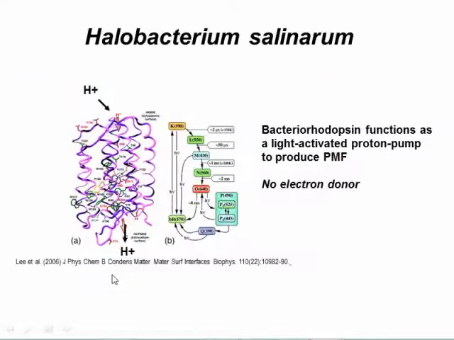So it's a kind of light-activated proton pump, so you get proton motive force. No electron donor, no electron acceptor. The protons will go back across the membrane via the proton-dependent ATPase. So photosynthesis allows the bacterium to generate ATP without any kind of input of carbon or anything.